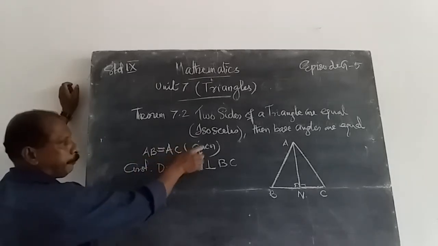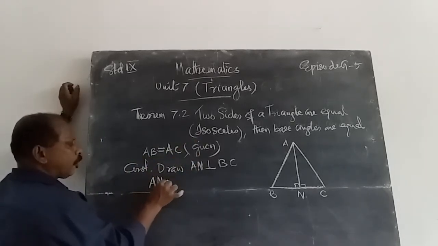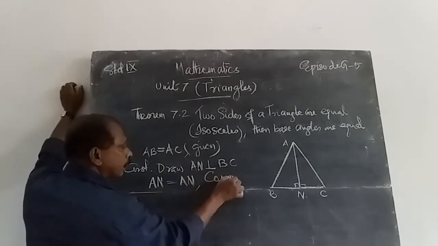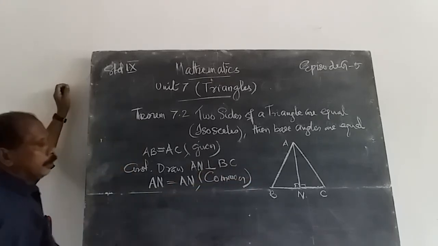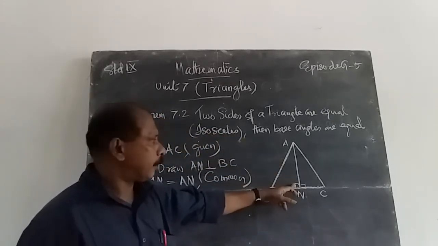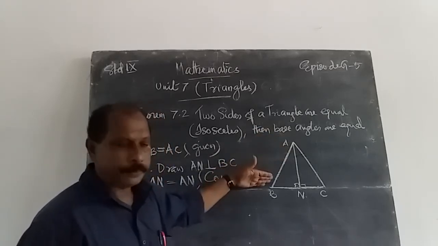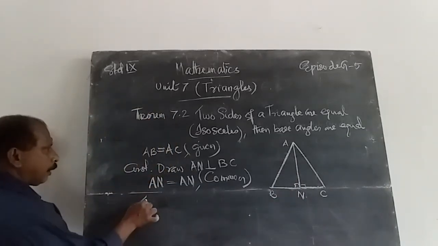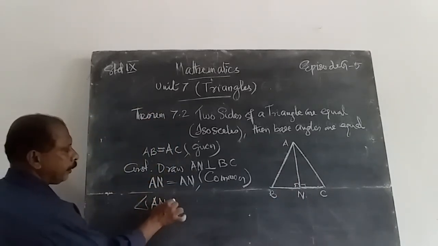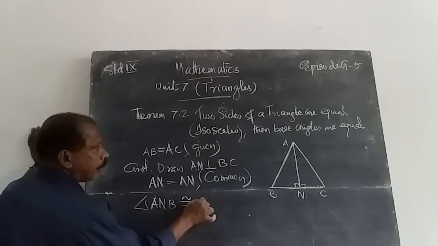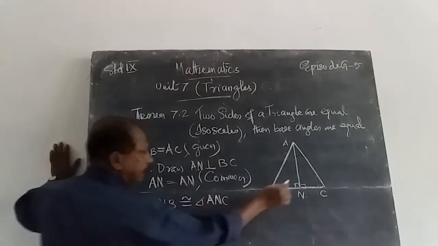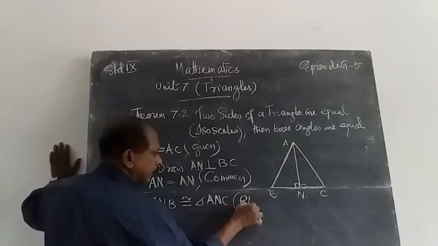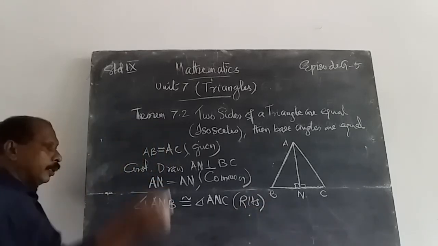AB is equal to AC, given. AN is equal to AN. What is it? That is common to two triangles. Therefore, this is a right angle triangle. This one, AB, is the hypotenuse. This is the altitude. Therefore, triangle ANB is congruent to triangle ANC. That is a right angle triangle, one side and hypotenuse.